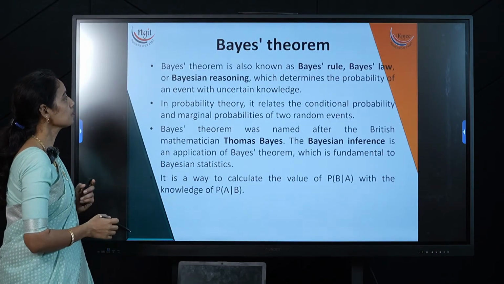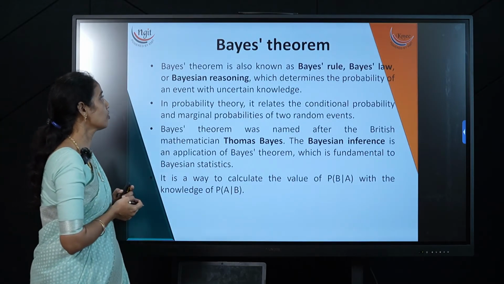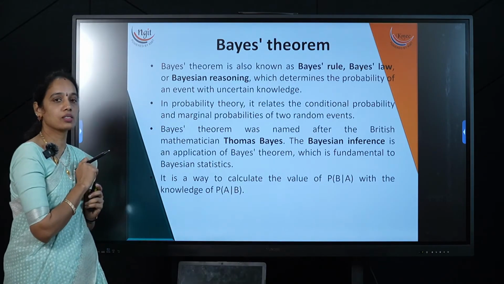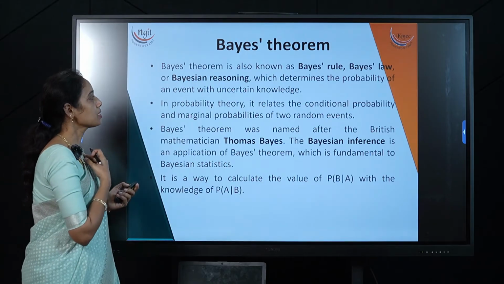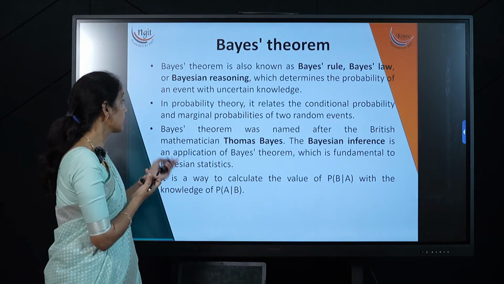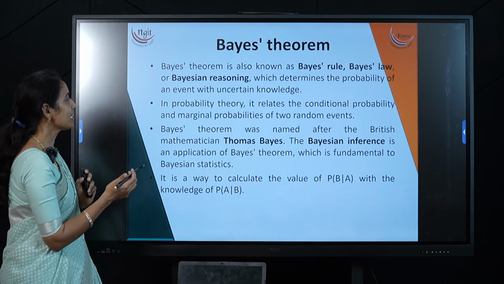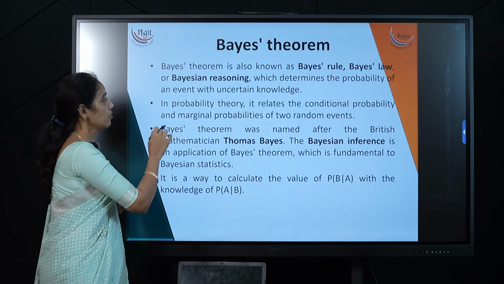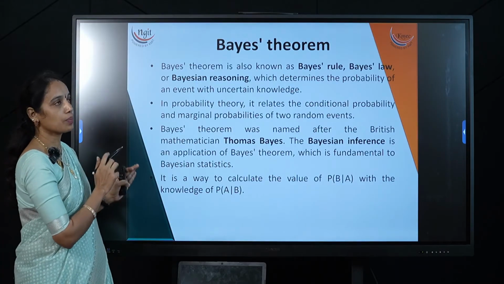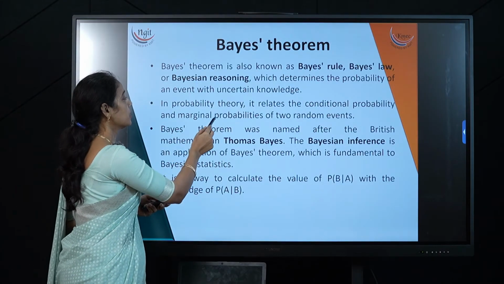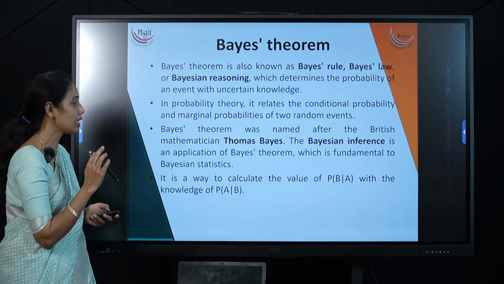Now, the next important one is Bayes theorem. So, one is Bayes theorem, one is Bayesian statistics. Let us see this Bayes theorem. Bayes theorem is also known as Bayes rule or Bayes law or Bayesian reasoning, which determines the probability of an event with uncertain knowledge. In probability theory, this Bayes theorem relates the conditional probability and marginal probabilities of two random events.